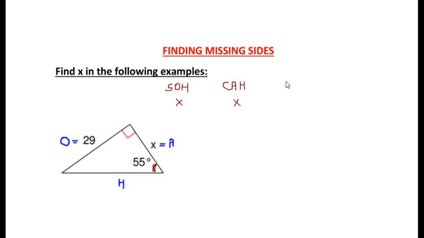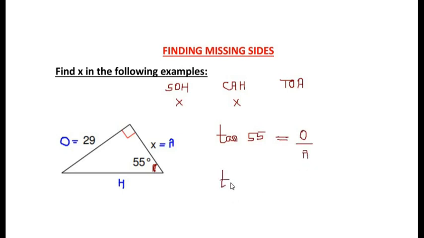Now finally comes the TOA, that is tan of opposite and adjacent. If we are taking TOA, that is the tan, we can write it as tan of the angle of concern, which is 55 degrees, is equal to opposite over adjacent.